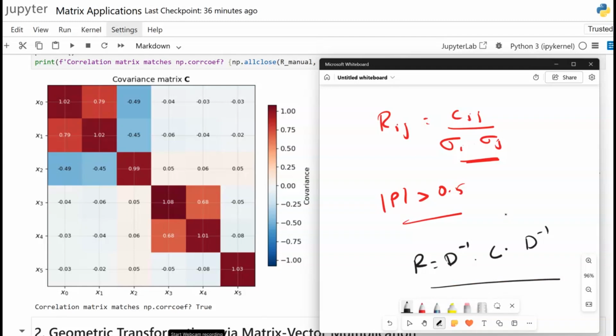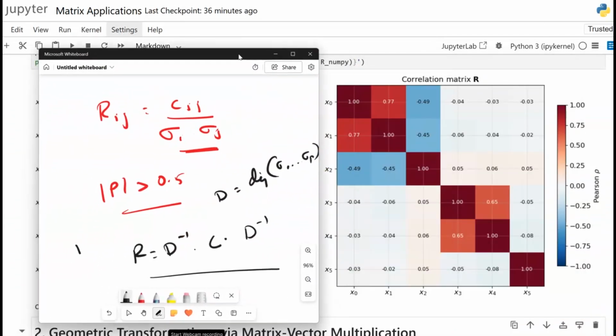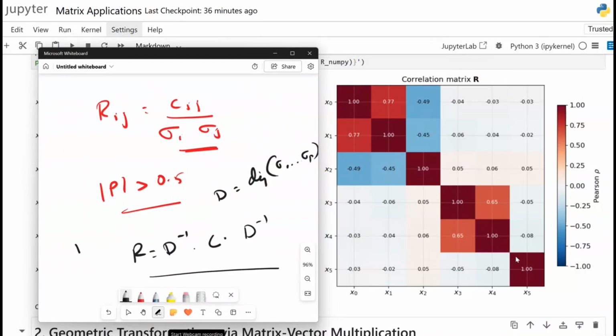And D is the diagonal matrix of sigma 1 till sigma p. Okay, so the correlation matrix always has ones on the diagonal. So here, once again, I show you, yes, that is what here in the diagonal we have all ones.